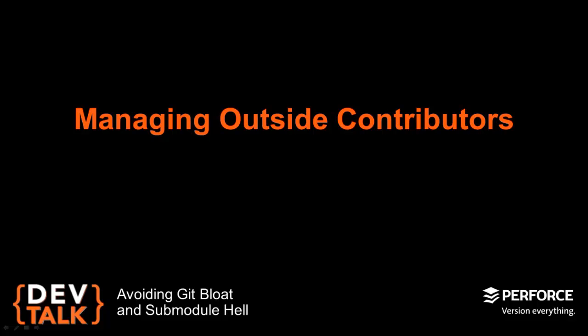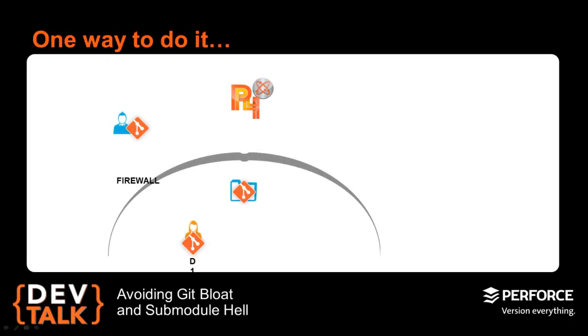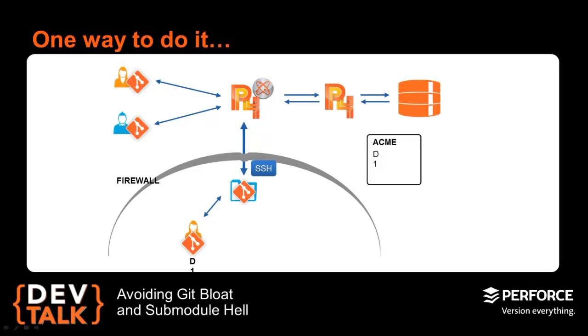Here is one way you might approach it. This diagram is an approach where we have XYZ Corporation having hired Acme Consulting using Git Fusion through this SSH tunnel that's poked in the firewall. All this works like a standard technology.